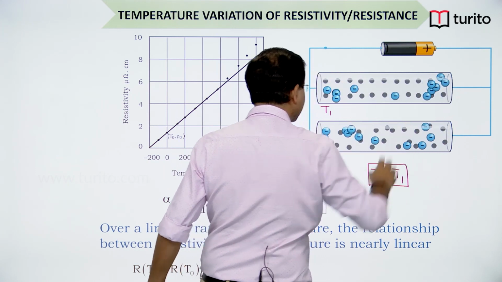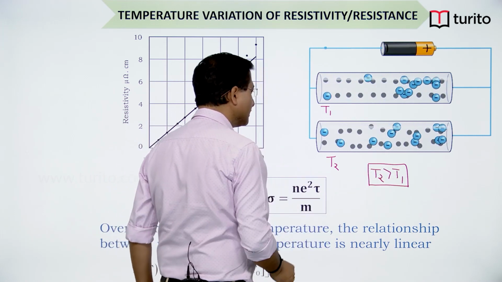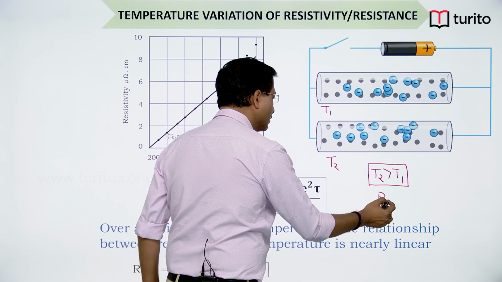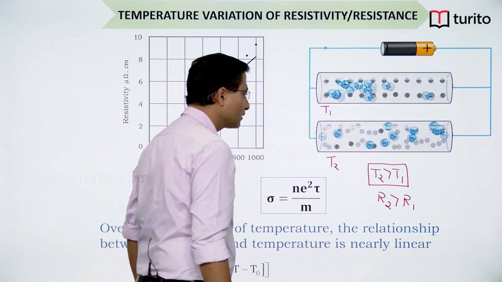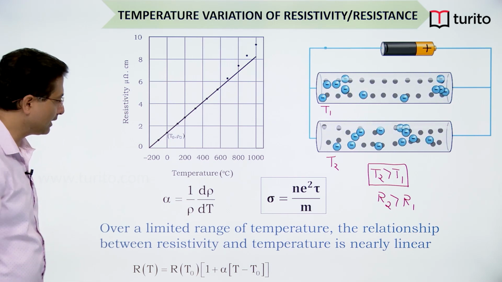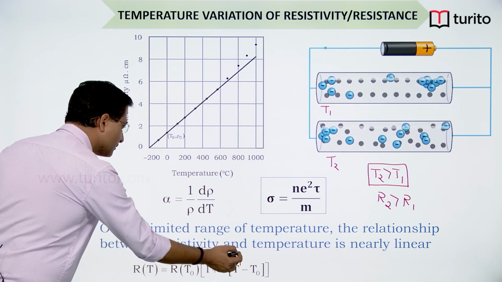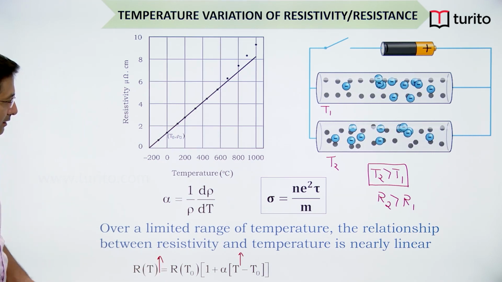So, here as T2 is greater than T1, the resistance of 2 will be greater than resistance of 1. We have just seen as temperature increases, resistance increases, right.